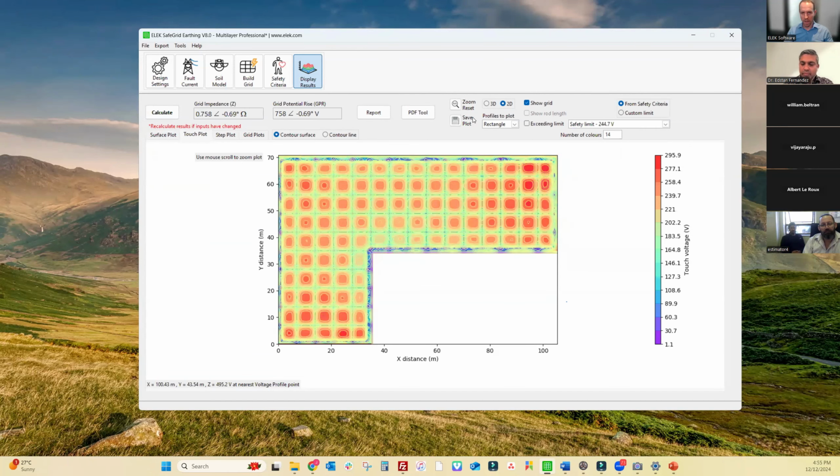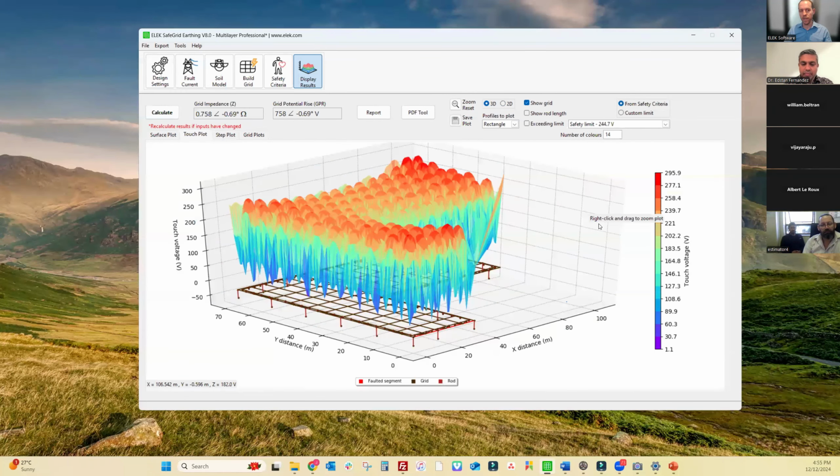I can look at touch voltages in 3D or 2D. So these are touch voltages. I can look at, so there's my safe limit. Actual touch voltages have a maximum of 295, and I've calculated my safe touch voltage limit at 244.